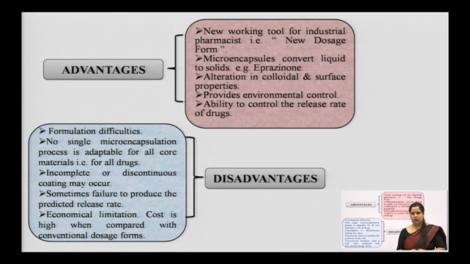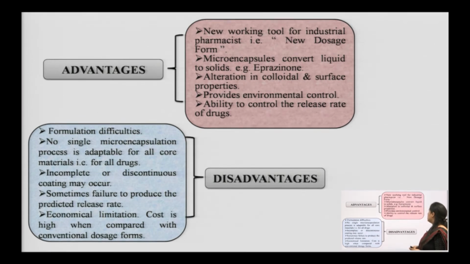Of course, these come under novel drug delivery systems, and all the research is going on to develop this dosage form as an alternate or as the main therapy for the treatments. New dosage form, microcapsules convert liquid to solid, example eprazinone. So, these techniques definitely encapsulate solid as well as liquid. So, that is why it is written here that they convert the liquid to solid form by encapsulating the polymer layer.